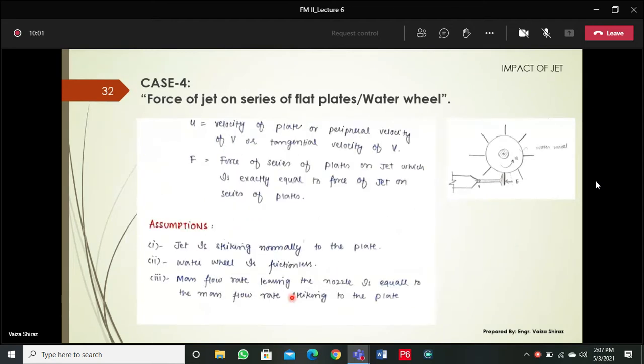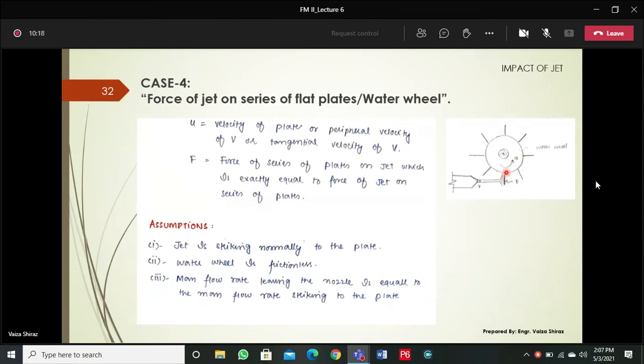Now further, what is u? That is the velocity of the plate, or it is the peripheral velocity of the wheel, or the tangential velocity of the wheel. So please make sure it is a peripheral velocity, the velocity which is available at the periphery of this.